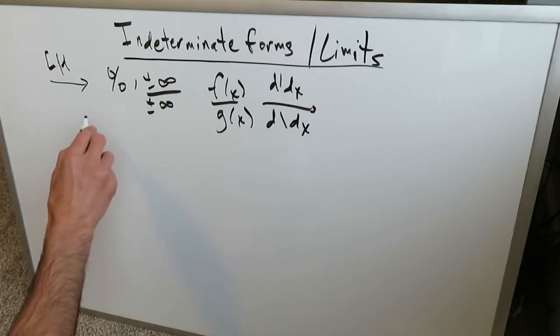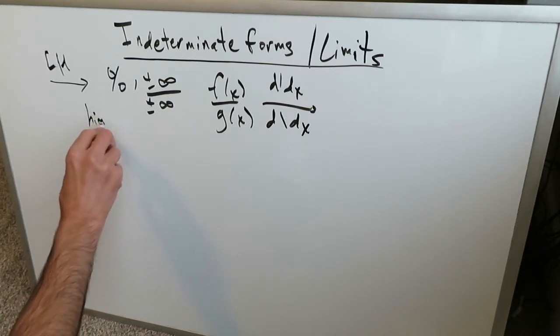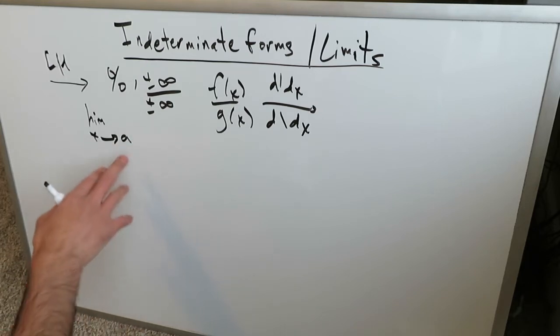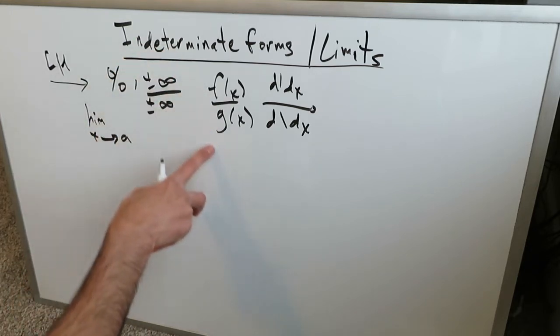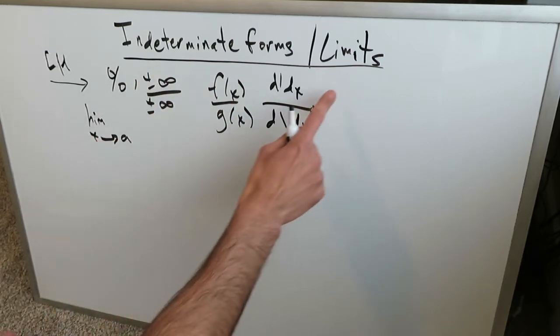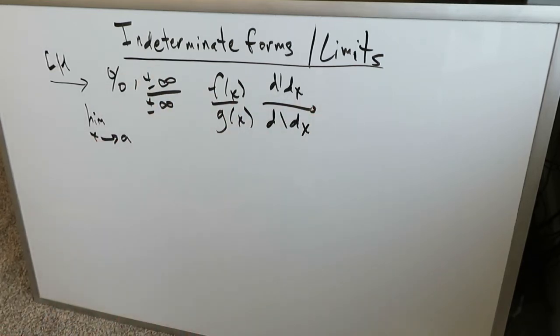In these types of questions, you have the limit as x approaches some value. When you test that value in your question, you end up with 0 over 0 or infinity divided by infinity, and then you come up with some value after the derivative procedure.